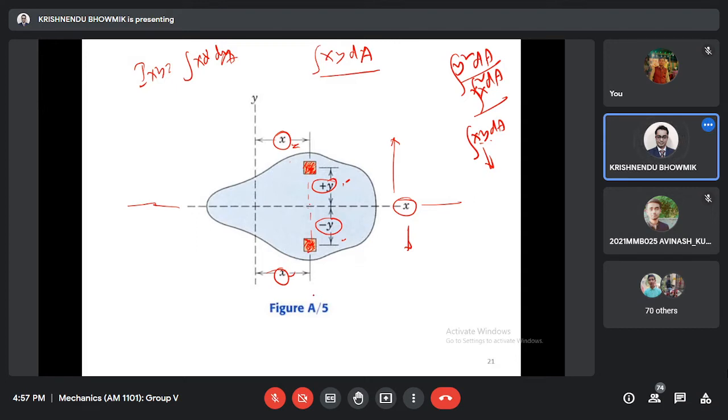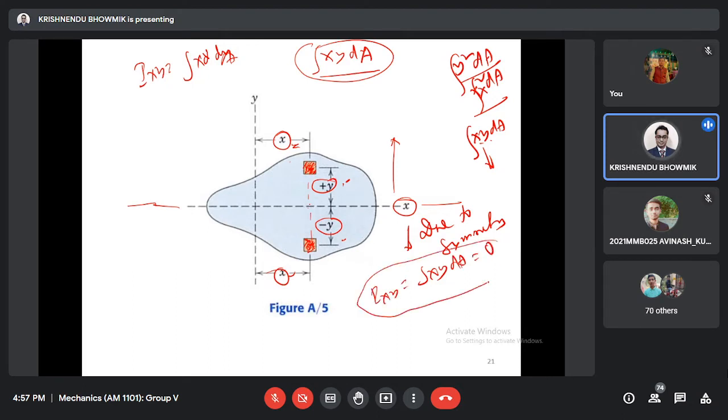That means when you are doing integration, that is nothing but the summation over the entire section, due to the symmetry, integration xy dA, that is IXY, the product of inertia, will be 0. Why will it be 0?